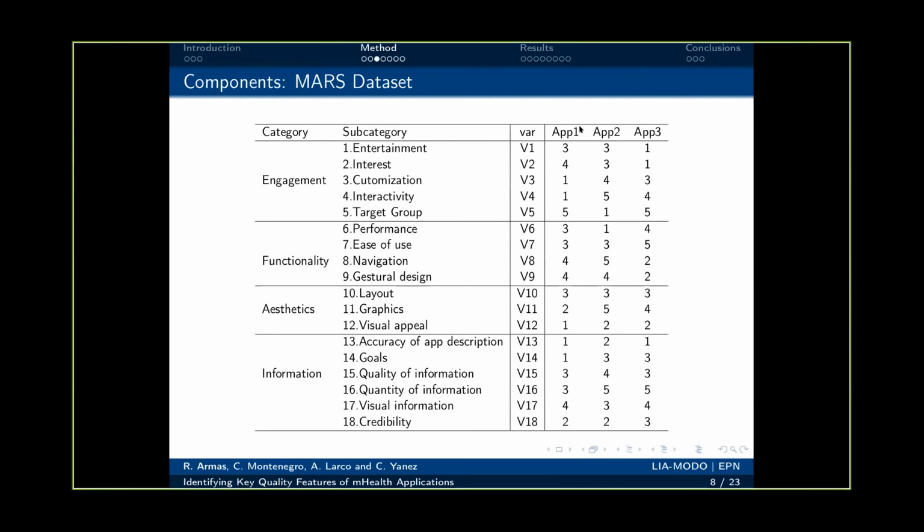Each application is evaluated with these subcategories. For us, each subcategory is our variable. We use a list of 565 applications collected during the last 20 years, and the scale is from 1 to 5.